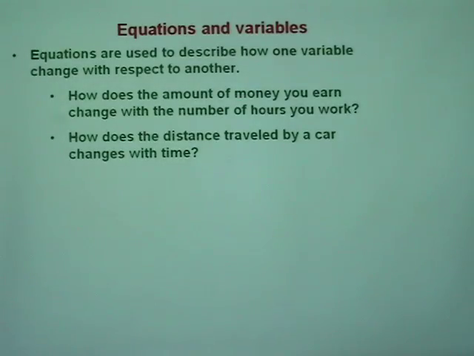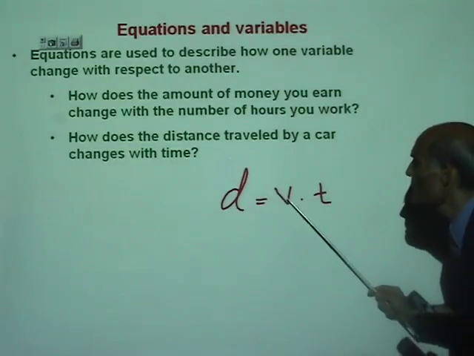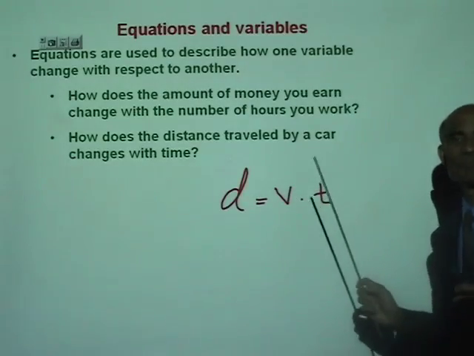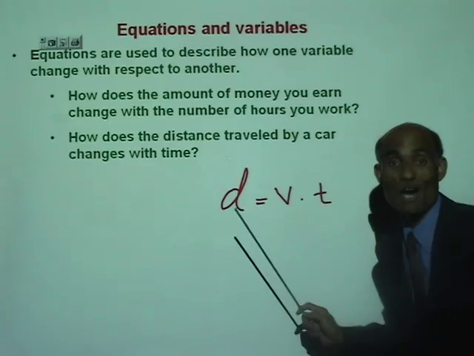Let me show you an equation there. I don't know whether you can recognize this. If I use d for distance and v for speed, then can you write it like this? Distance equals speed multiplied by time, d = v times t. Now, speed is the distance you travel per hour.